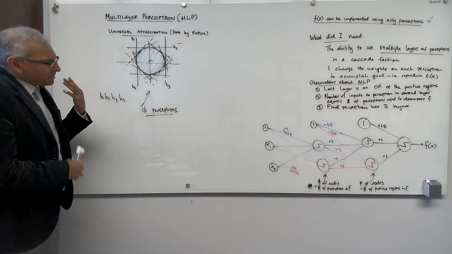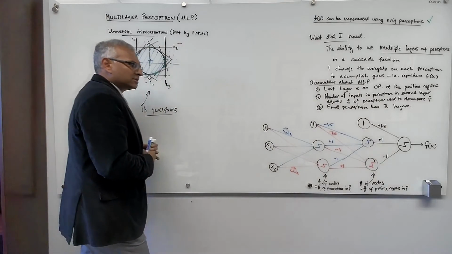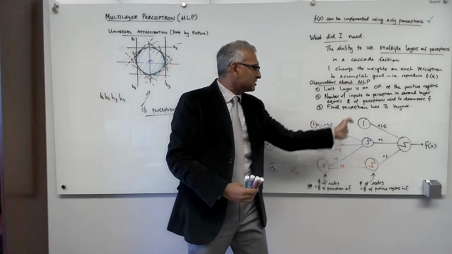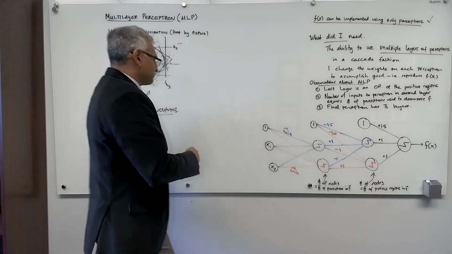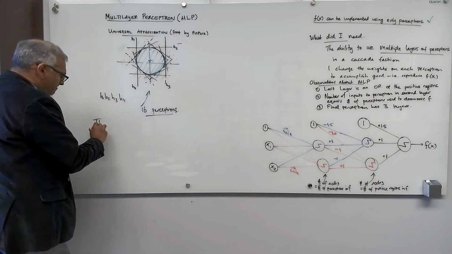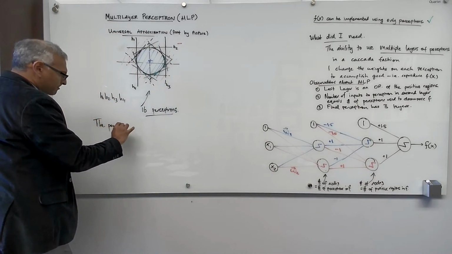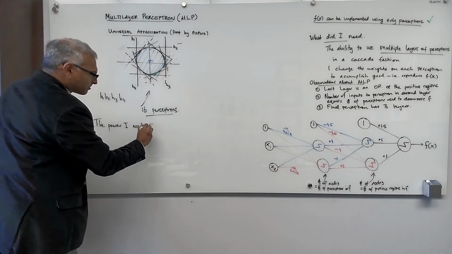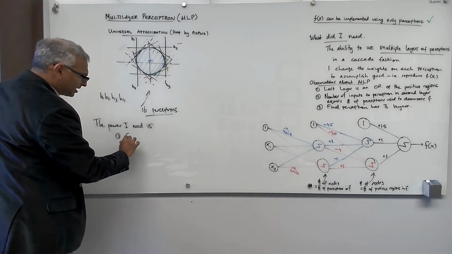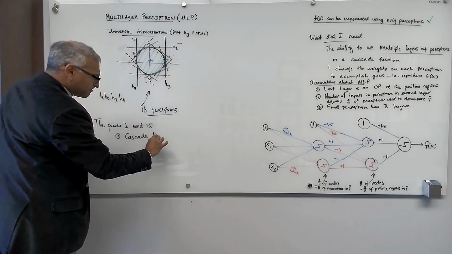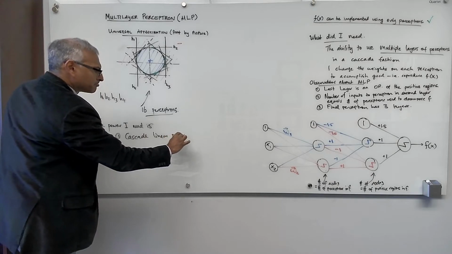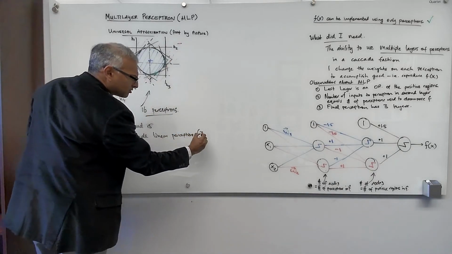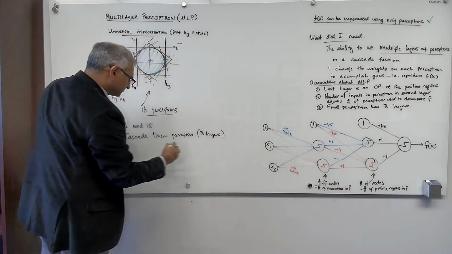Okay? And basically, what is the power that I need? I need the power to cascade linear perceptrons and then pick whatever weights I want on the edges. So what's the power I need? The power I need is 1. Cascade linear perceptrons. And all I need is 3 layers. So 3 cascades, 3 layers. Okay.